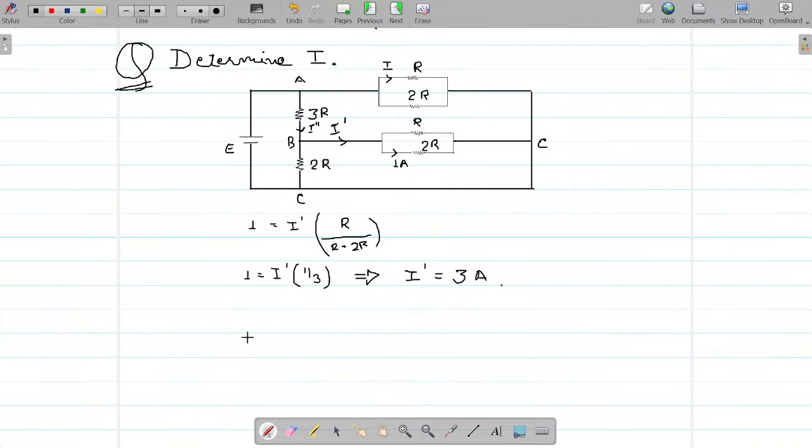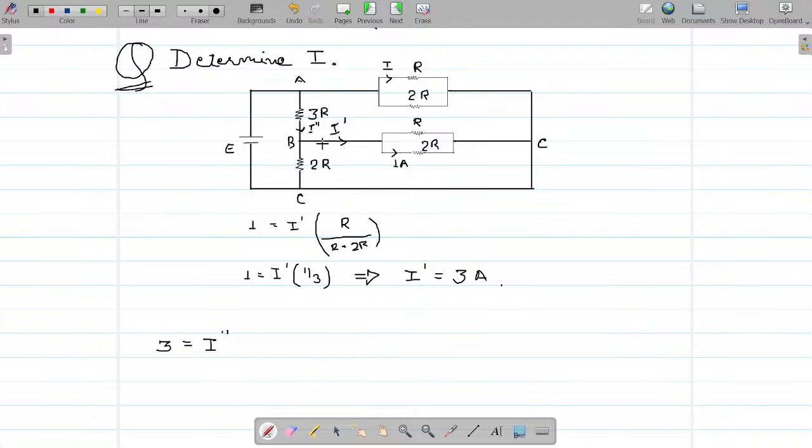Look, this time you're given the current is 3 amperes, right? The total current in this case would be I double dash. Look here.